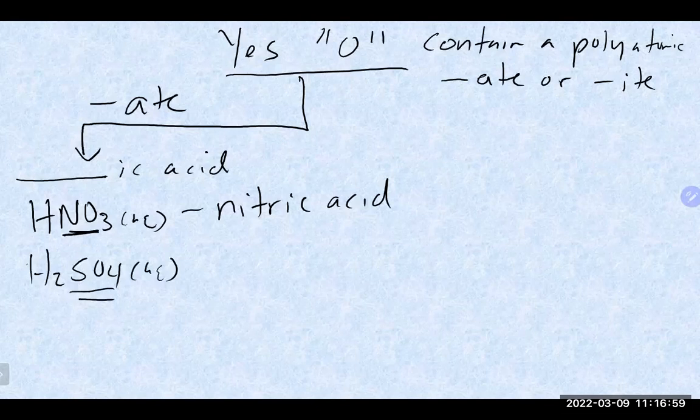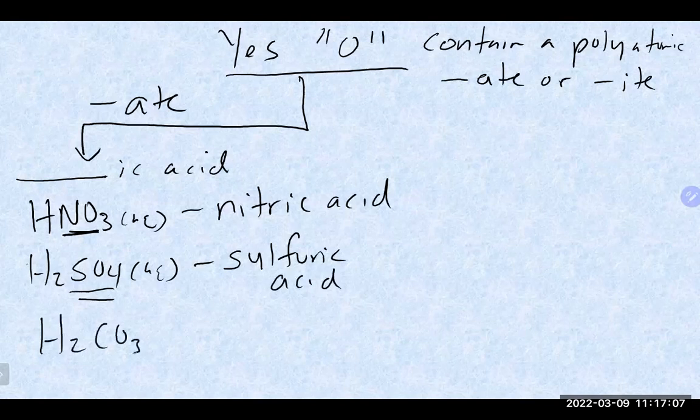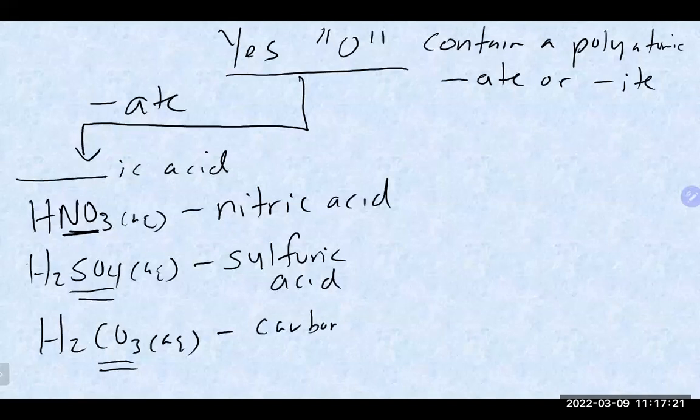So this would be sulfuric acid. H2CO3, what would that be called? CO3 is CO3 2 minus, which is carbonate. So this would be carbonic acid. Any questions on those there?